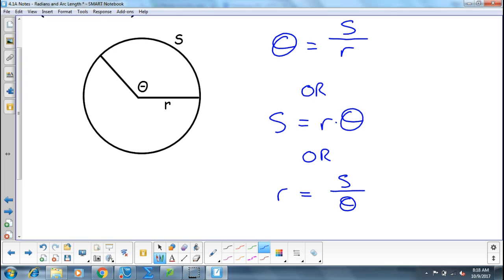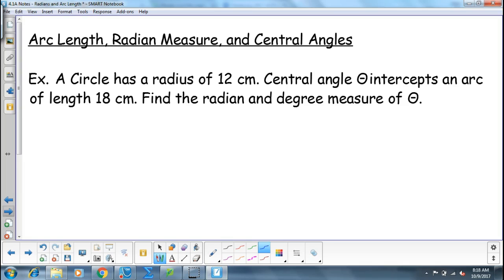So if theta's in degrees, you've got to first convert it back into radians, like we did on Friday. Multiply by pi over 180, which converts it into radians, and then you can use that formula. If it gives you radians but then asks for degrees, then you've got to do some converting too. A little preview of things to come.